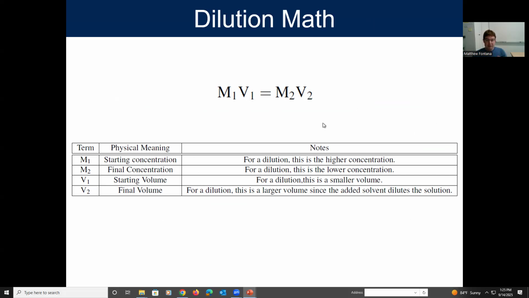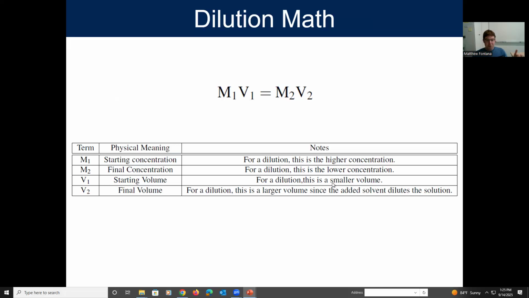If we are talking about a dilution, we are diluting a solution. M1 is going to be the higher concentration, and M2 is going to be the lower concentration because we're diluting solution 1 to have a concentration of M2. V1 is the starting volume, so that's going to be some smaller number.